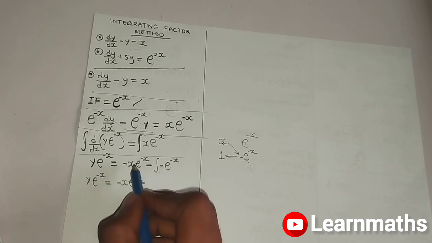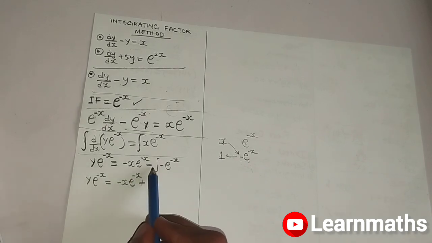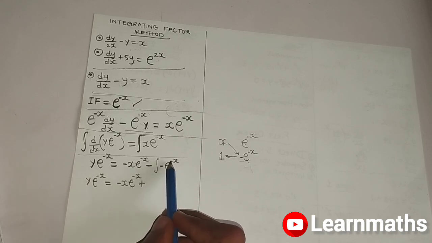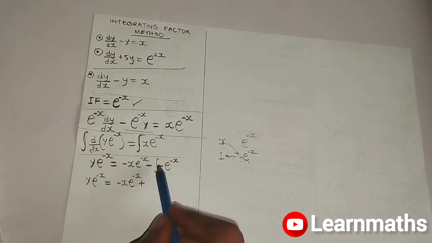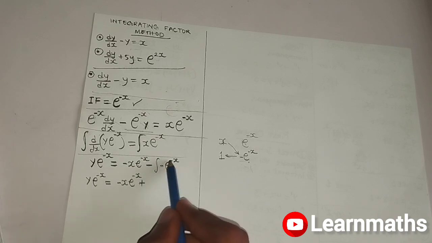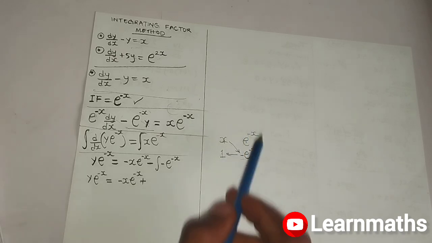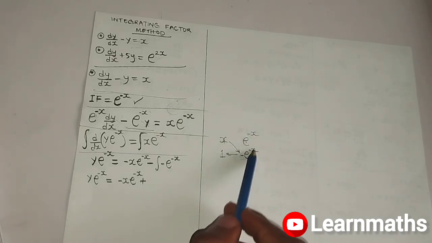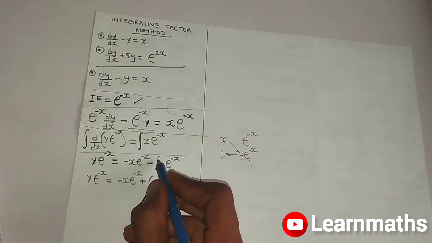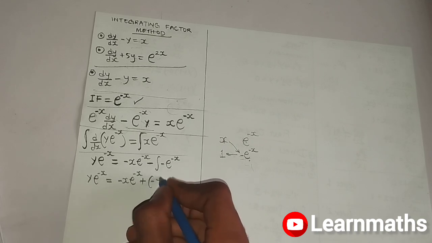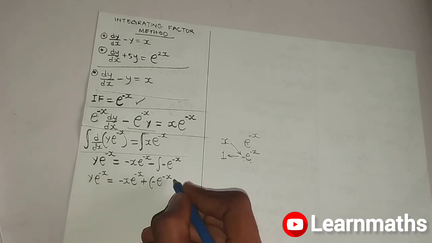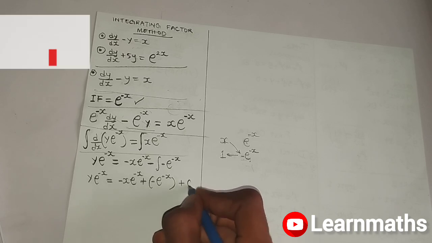Then I focus on the integral of e raised to negative x, which I think we've done before. The integral of e raised to negative x gives you negative e to the negative x, and of course plus c or k.